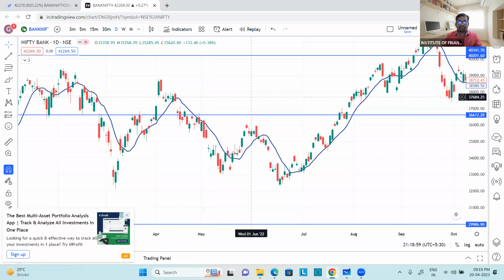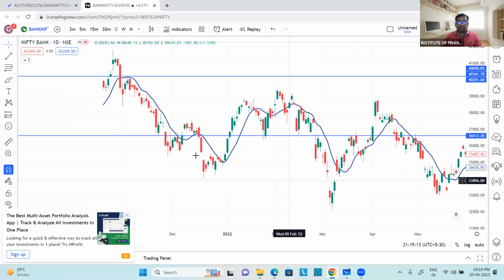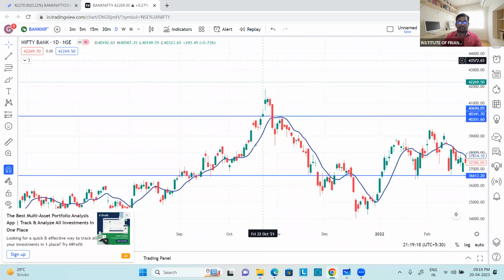See this one. This one. There is an invisible red candle here. And this one. You can see how price has reacted here.